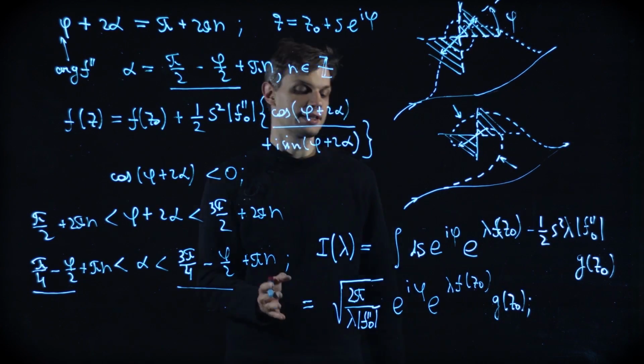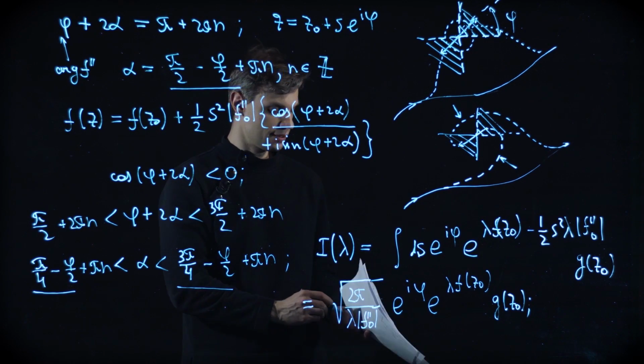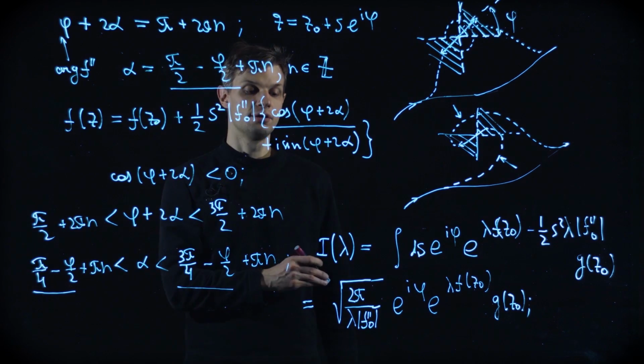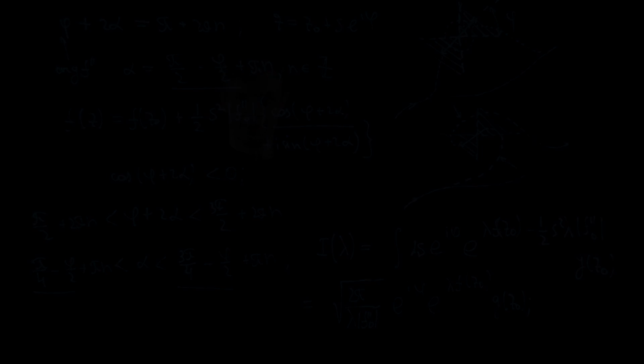So here it is. Here is how the asymptotic estimate for the case of complex value functions is made. So now let's discuss some examples.